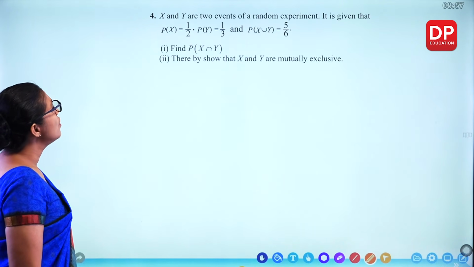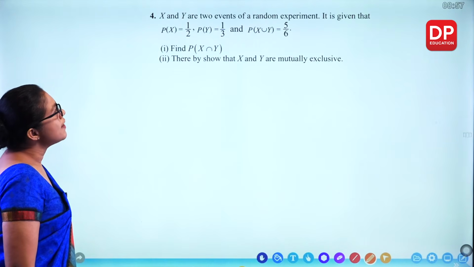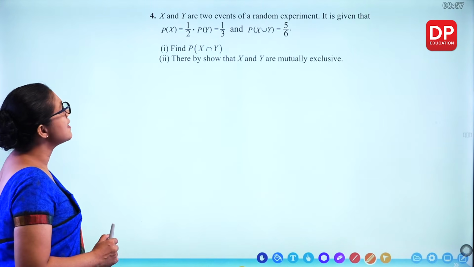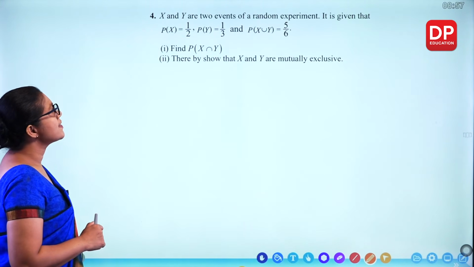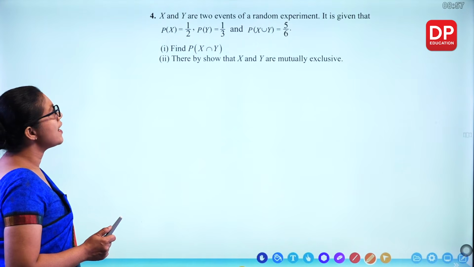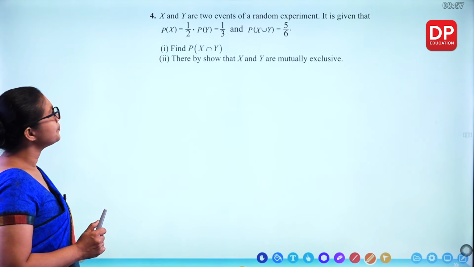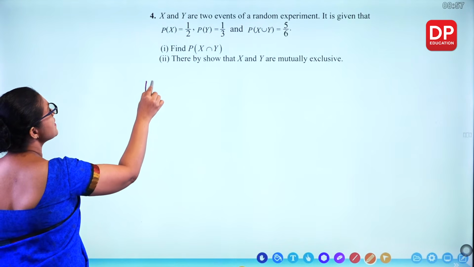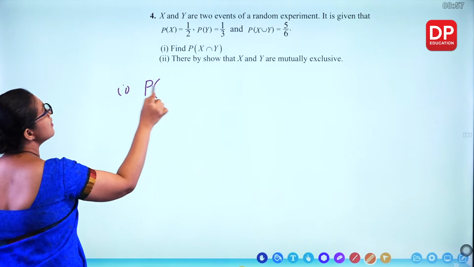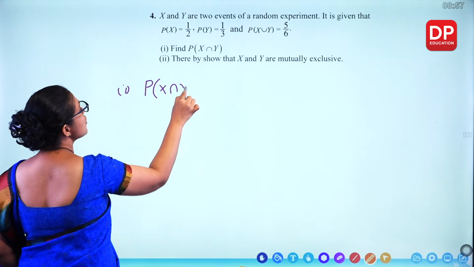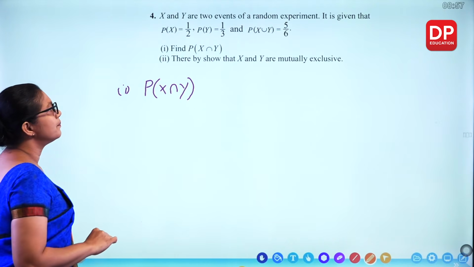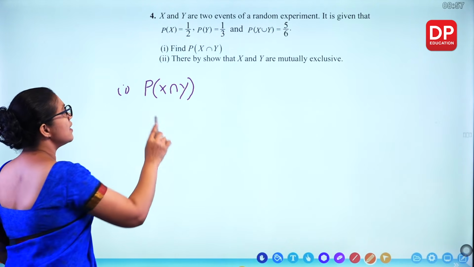Question number 4. X and Y are two events of random experiment. It is given that probability of X is half, probability of Y is 1/3 and union is 5/6. Find the intersection. Probability X intersection Y. So what's intersection?